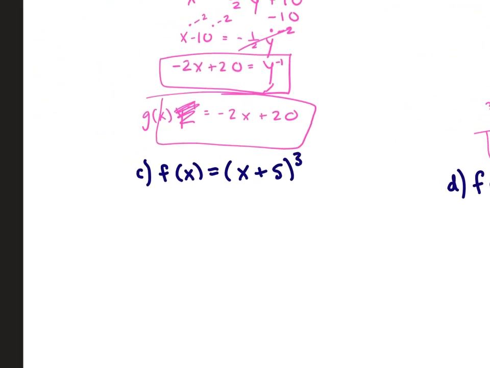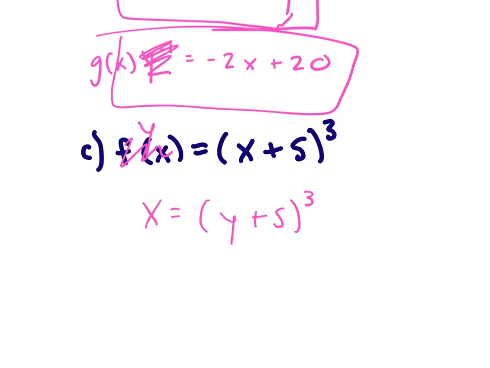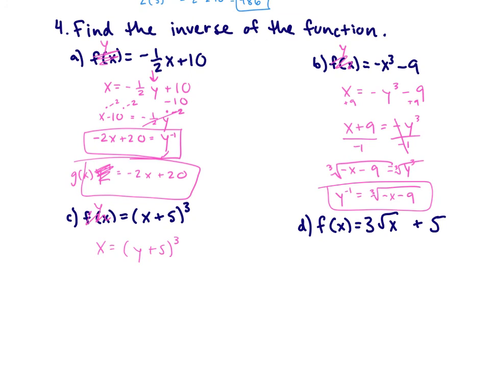All right, C. Change this to be y, flip the x and y. How do we get that y all by itself? Yes. Take the cubed root. So same way we did in the last one to get rid of that cubed, take the cubed root.